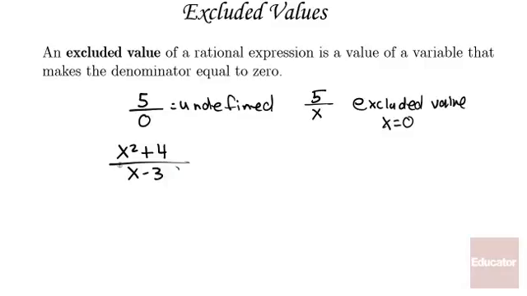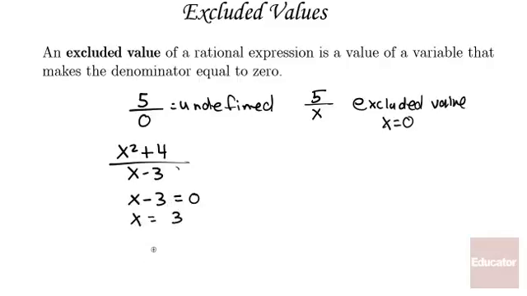The denominator cannot equal 0, so if x minus 3 equals 0, then it's an excluded value. What you do is set the denominator equal to 0 and then solve for x in order to find an excluded value.